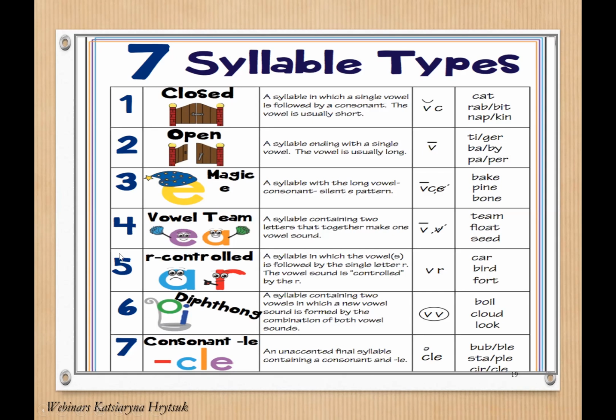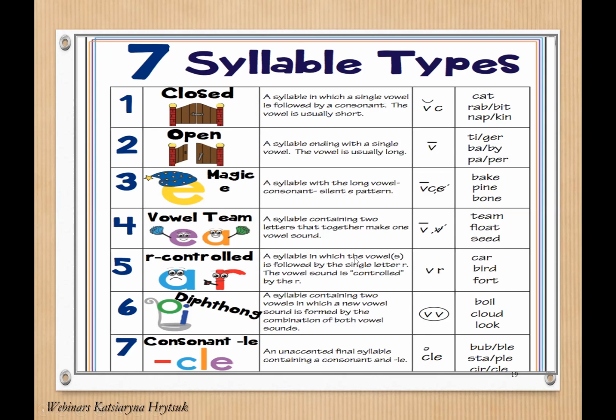Next one, syllable type number 5, it's R controlled. Remember, this letter R, okay, changes everything. When we have vowel, then letter R, the rules are different.